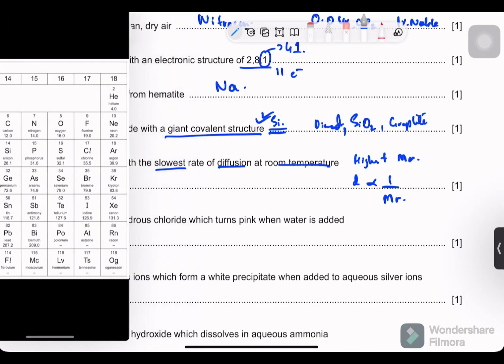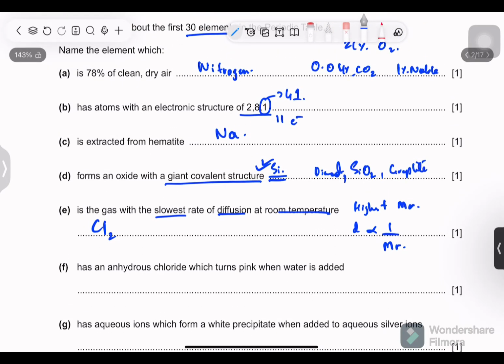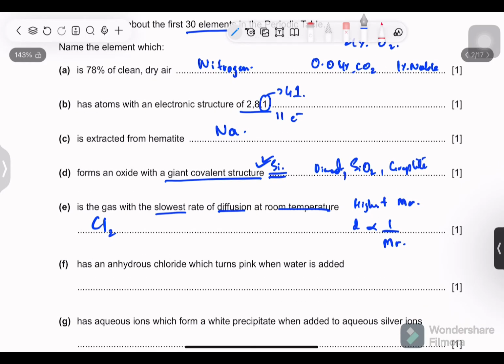So we have chlorine, 35.5, and it exists as two atoms, so it will be 35.5 times 2, which will be 71.